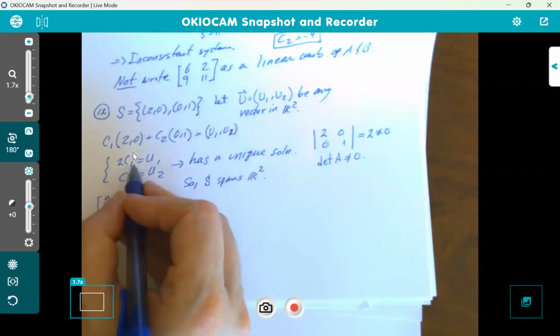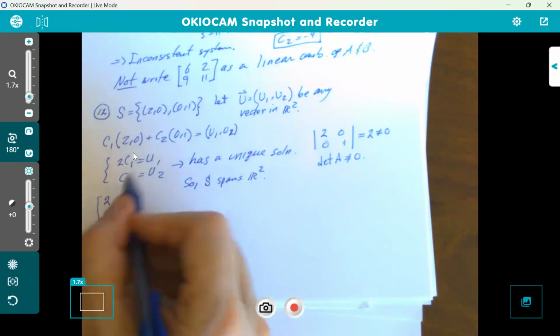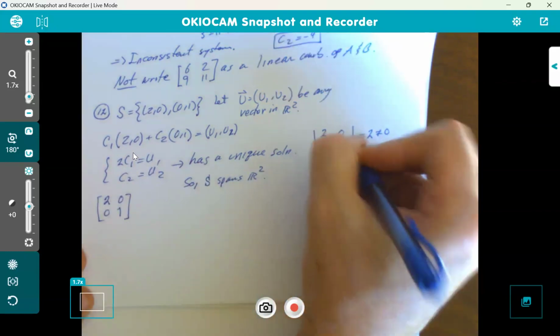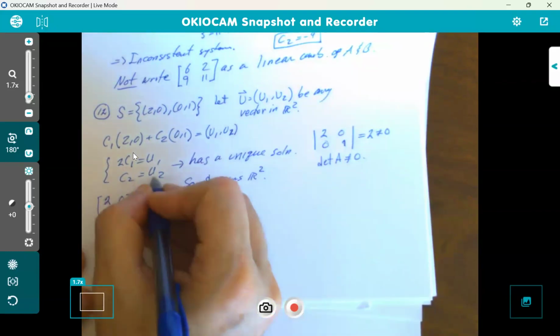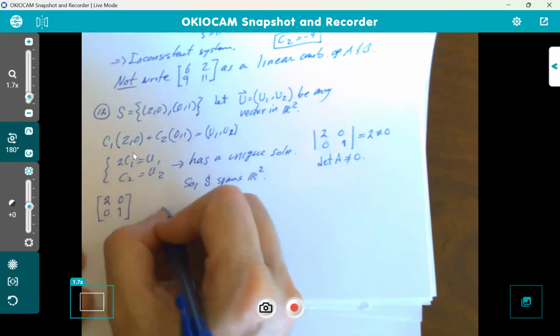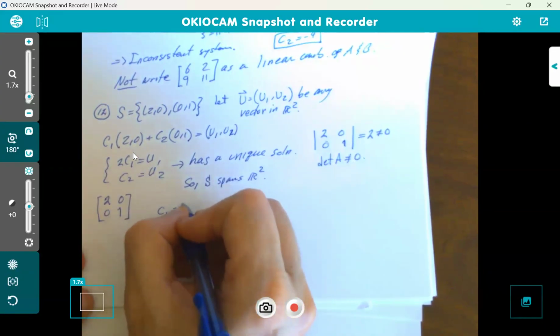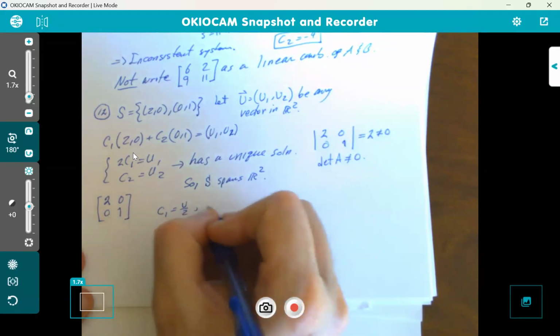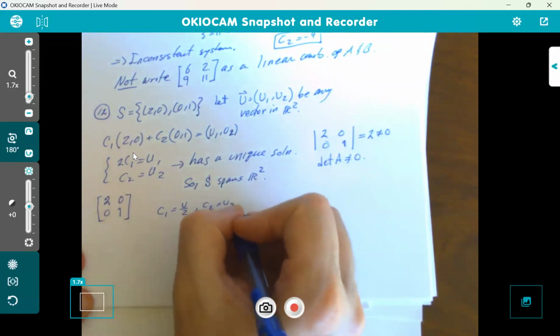And here's how. If you solve this, we're looking at the solution. Let C1 be the first component divided by 2. Let C2 be just the second component.